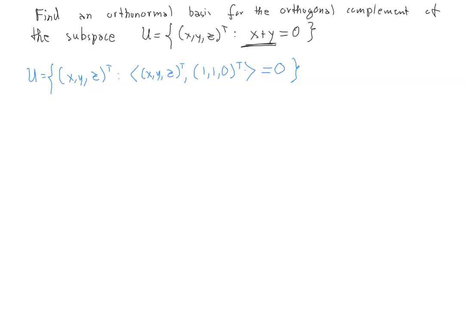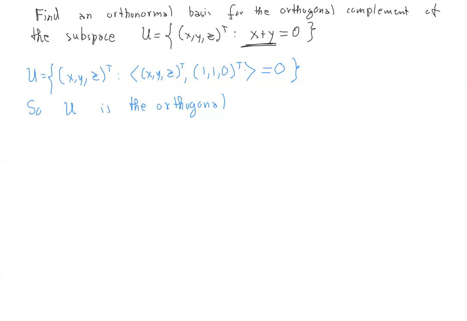Which tells you right away what? So U is the orthogonal complement. Every subspace which is given to you through homogeneous equations is actually given to you as an orthogonal complement. It's just that we didn't realize that before.